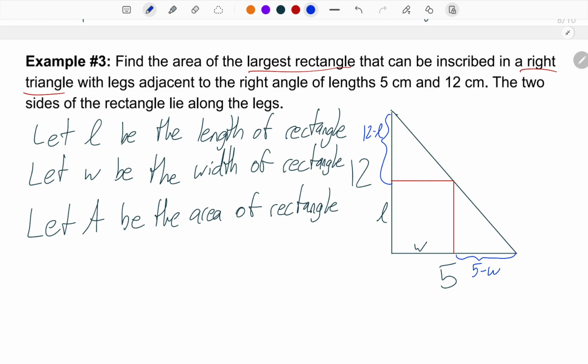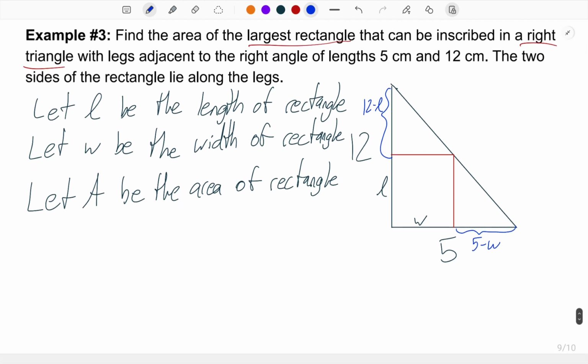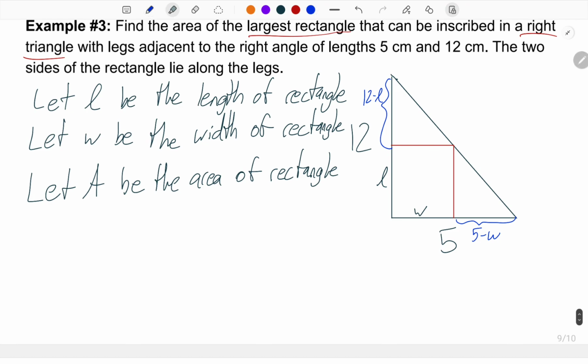The other thing we want to make use of, well, we're actually going to make use of similar triangles here. So let's see how. First of all, we have this triangle in this top portion. Let's call that triangle 1.